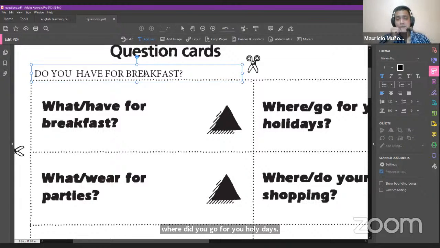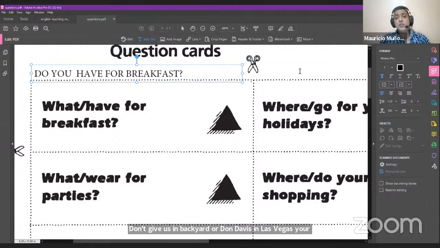Now, take a note. Tome apunte. Where significa dónde. ¿Dónde? Where do you go for your holidays? Where? ¿Dónde? ¿Dónde vas en vacaciones? ¿O dónde vas en las vacaciones?